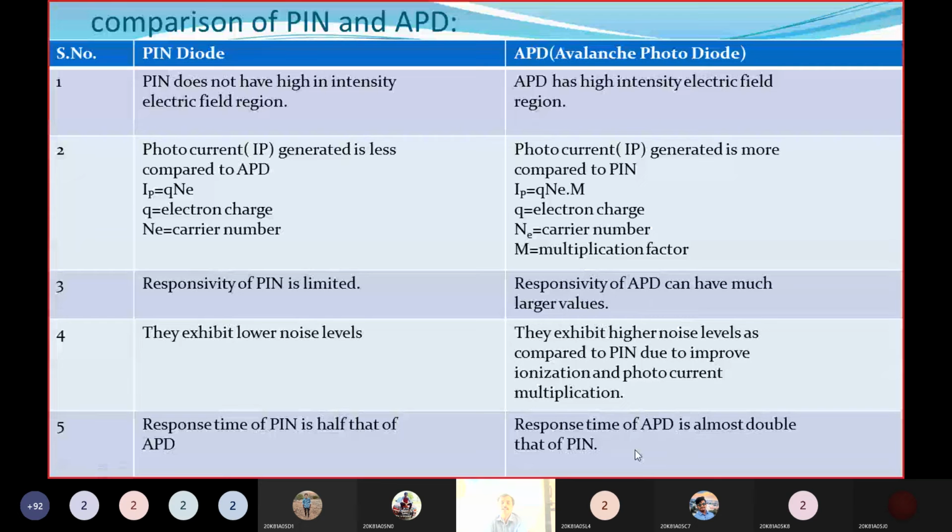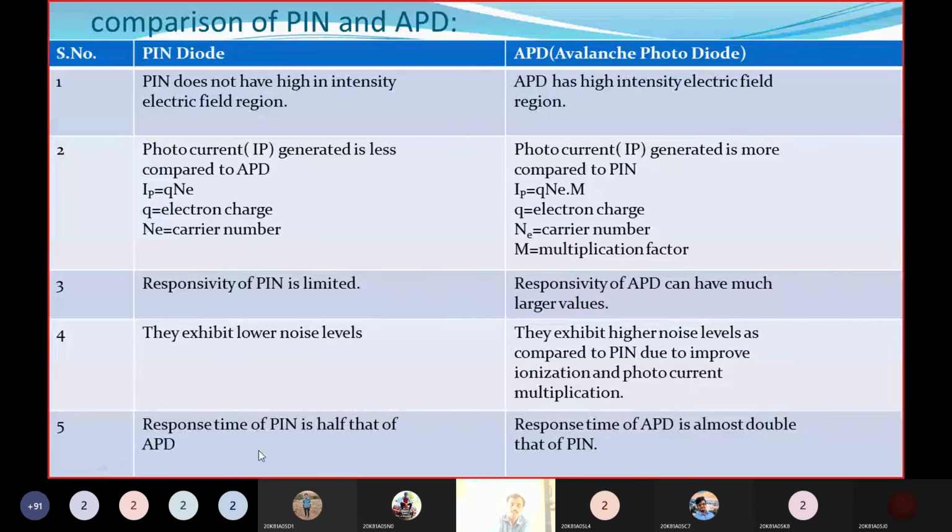It will take more time to respond. That means the PIN diode responds very fast compared to the APD diode.